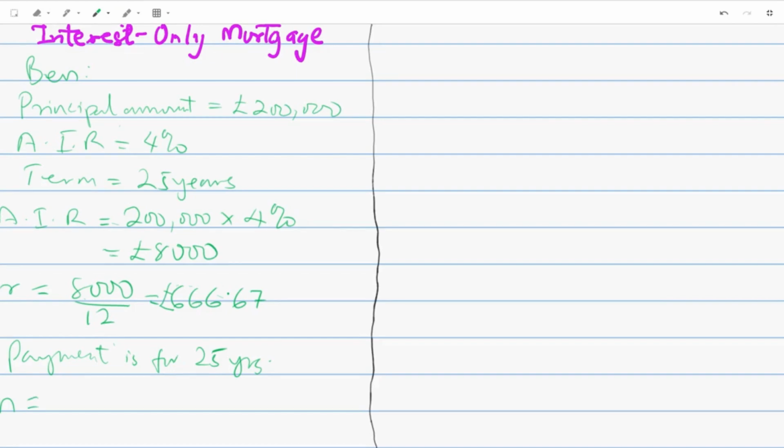And we do know that it's the total number of payments. And usually, because it's 12 times the number of years, which is the term, that should be 300.